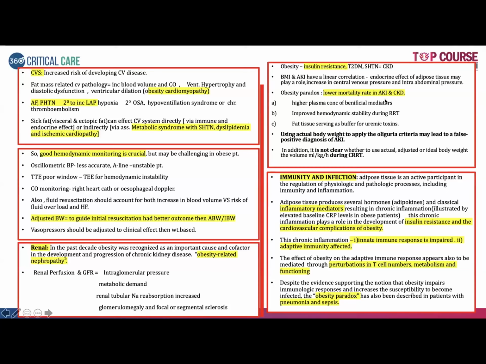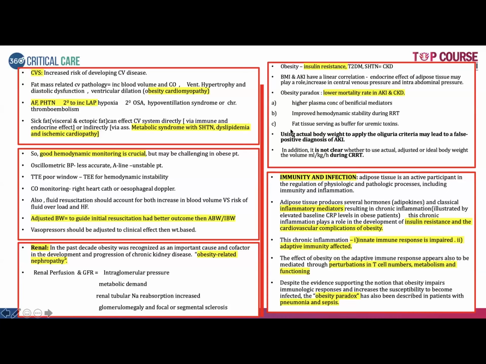Okay, the other thing, going into the obesity paradox again: there's lower mortality in these patients with AKI and CKD. There is improved hemodynamic stability during RRT, and the fat tissue serves as a buffer for uremic toxins. Though encephalopathy and uremia related symptoms can be less in these patients.